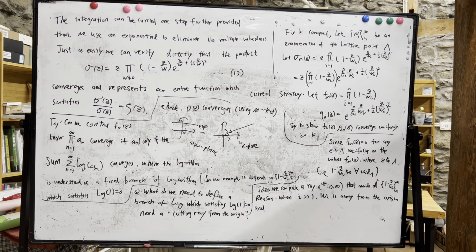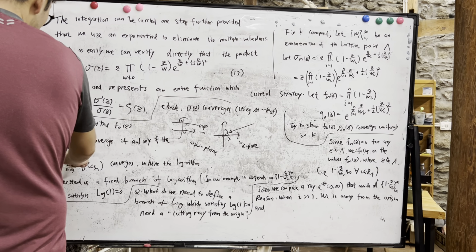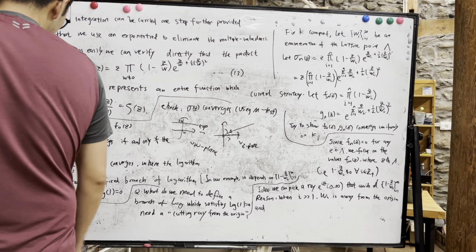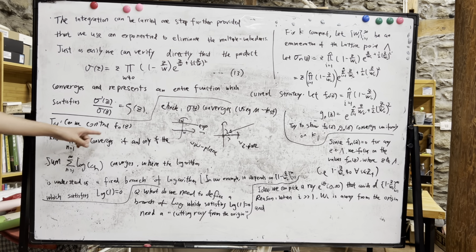Maybe we have to fix the z first, otherwise we cannot really talk about picking a ray, because this argument is about pointwise convergence for a sequence, not a convergence argument for a general function.